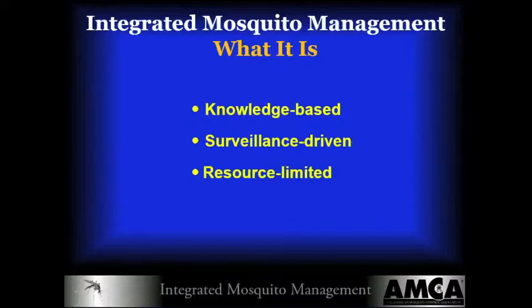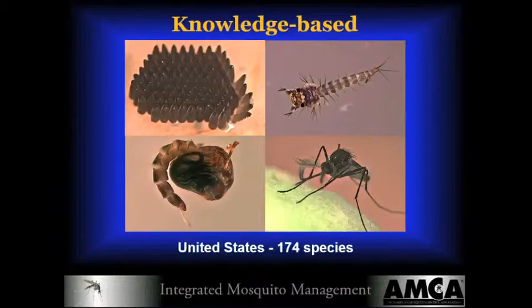So you don't do any intervention strategies until surveillance tells you you need to. And it's resource limited. It costs a lot of money to do integrated mosquito management properly. Not all mosquito abatement districts have this amount of money to do the whole program, so they need to pick and choose what works for them.